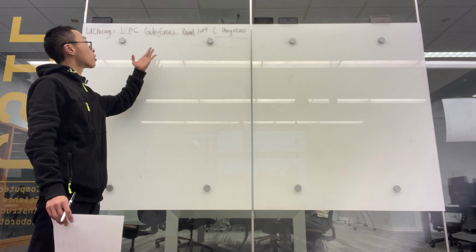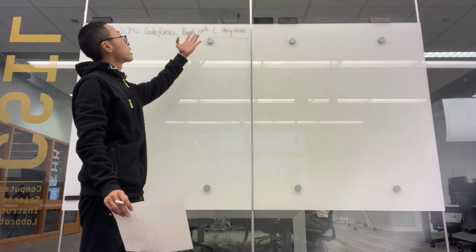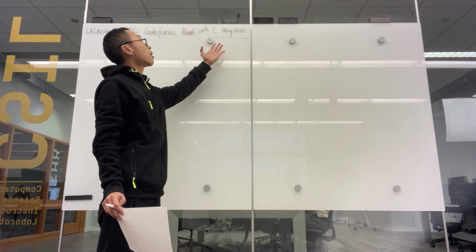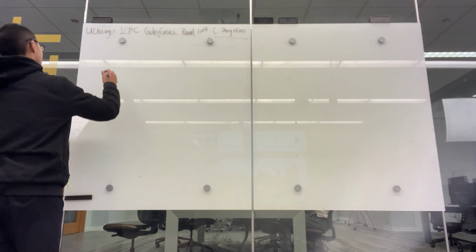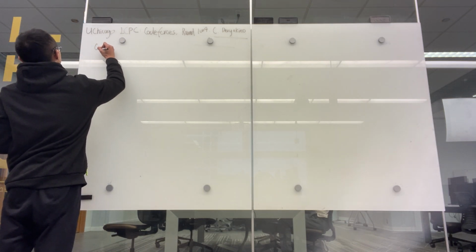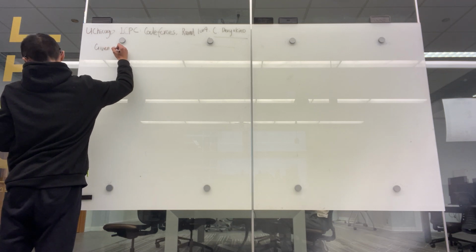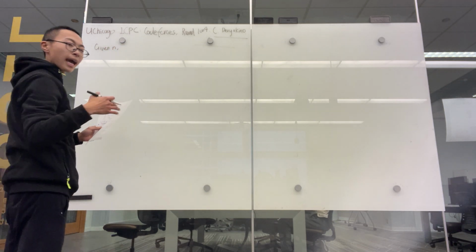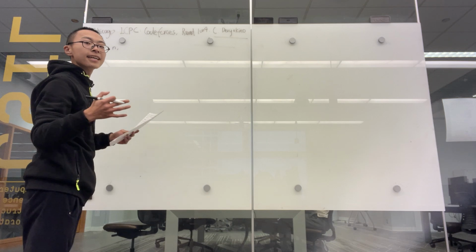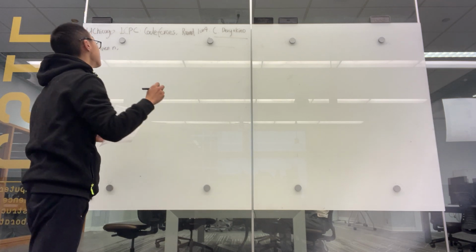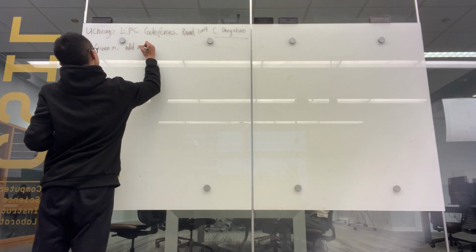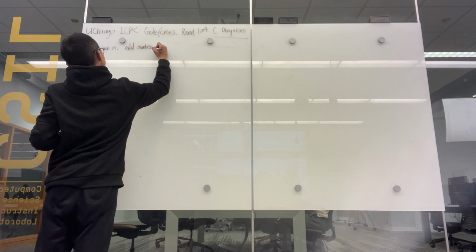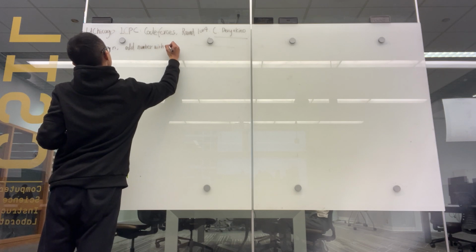Today we will walk through Codeforces Round 1004, problem C, Devyatkino. This problem states that given a number n, we can add numbers containing only the digit 9.